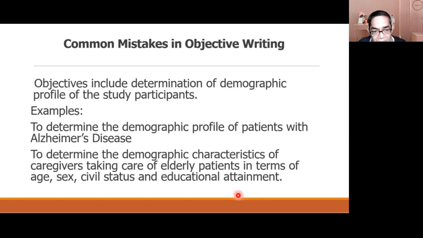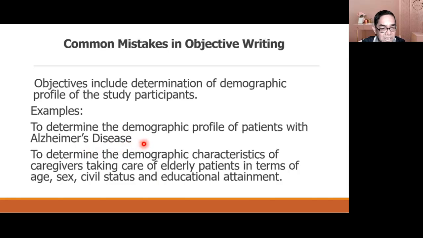But if that is not the objective of your study, so for example, in this particular example, to determine the demographic profile of patients with Alzheimer's disease, the title of this paper is Factors Affecting Alzheimer's Disease. What are the factors that affect Alzheimer's disease?